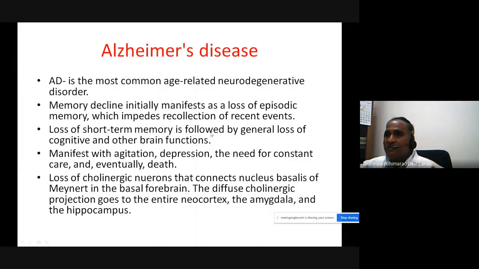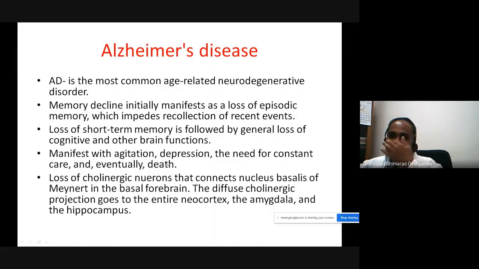Loss of short-term memory is followed by general loss of cognitive and other brain functions, that means the intellectual component is also lost. It manifests with agitation, depression, need for constant care, and eventually death.